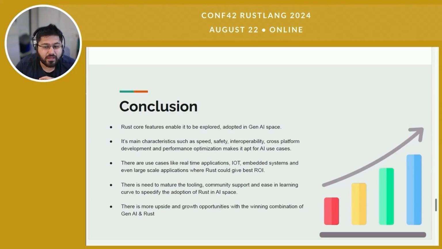There are cases like real-time applications, IoT embedded systems, and large-scale applications where Rust could give the best ROI. There is a need to mature our tooling and community support, which will speed up the adoption of Rust in the AI space. There is more upside and growth opportunity with the winning combination of GenAI and Rust.